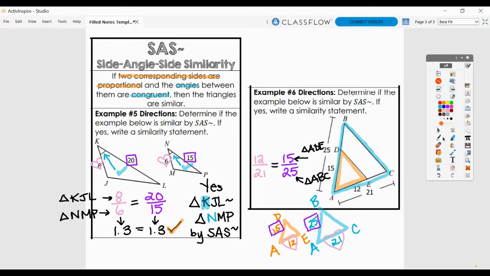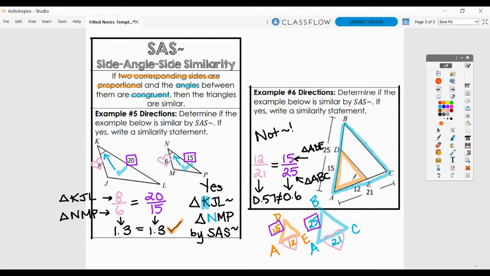So I go ahead and simplify those fractions. 12 over 21 simplifies to 0.57, and 15 divided by 25 simplifies to 0.6. They're not the same decimals, so these are not going to be similar. But just to let you know, they did have a congruent angle.